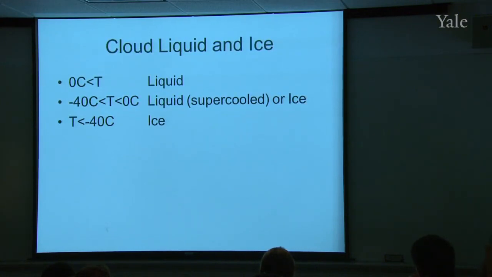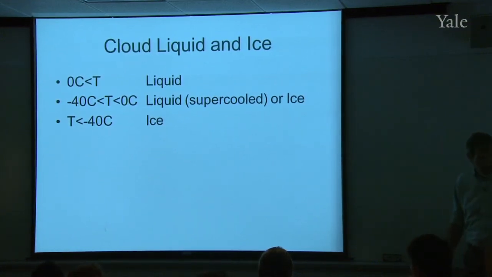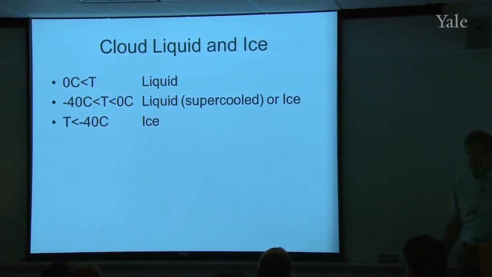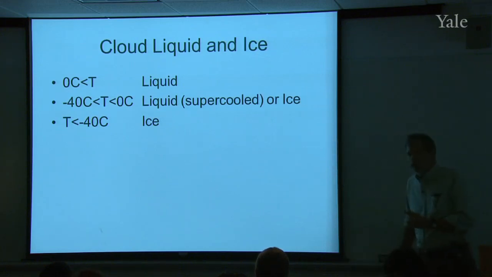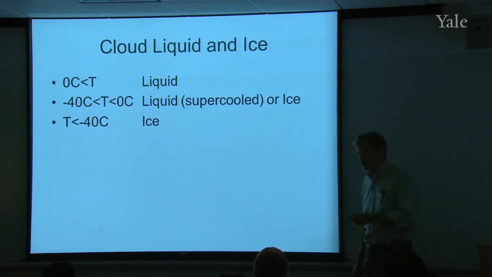We're almost done, but I want to remind you that we're talking about clouds, we're talking about liquid and or ice. It's the condensed phase of water, but it could be liquid and or ice. If the temperature is higher than 0 degrees Celsius, it's always going to be liquid. If the temperature is colder than minus 40 Celsius, it's always going to be ice.